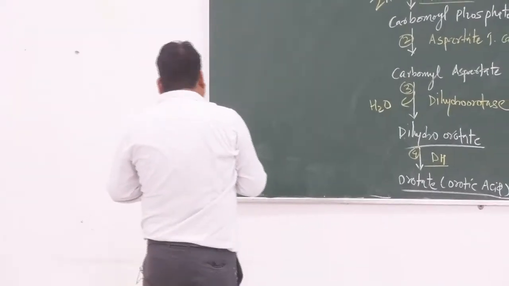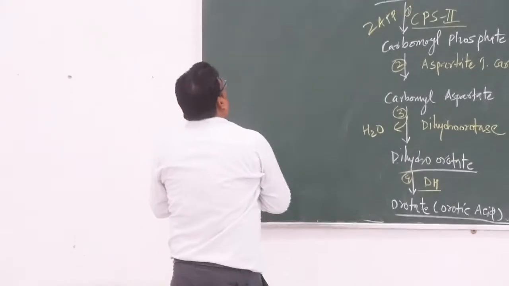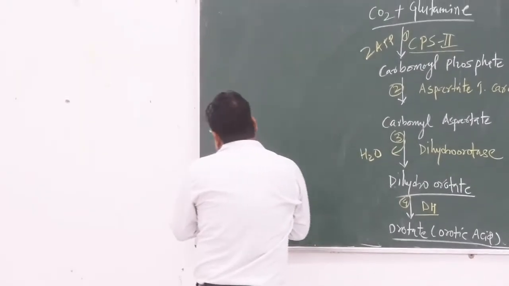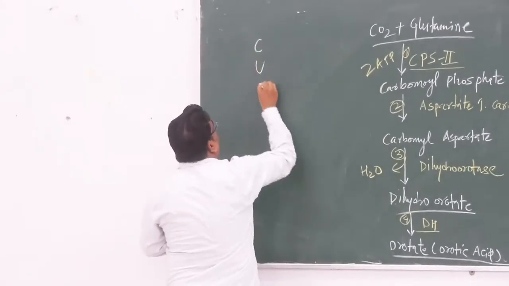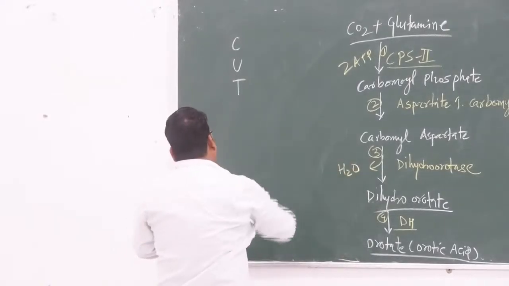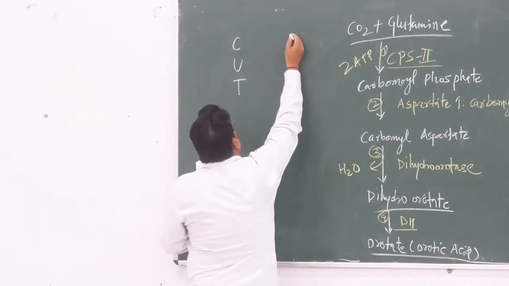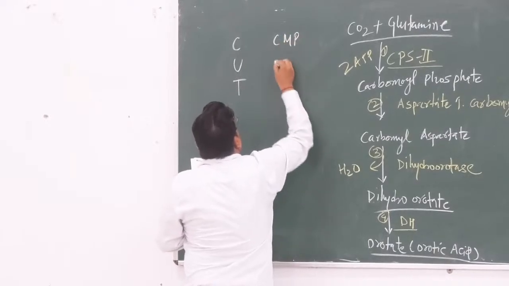So you can easily understand by a single concept that it contains a nitrogen base. It is UMP.